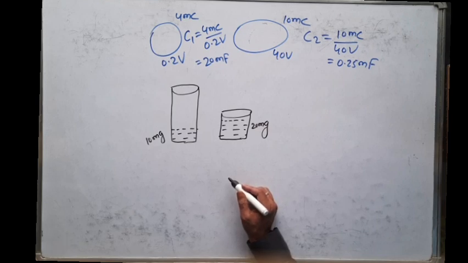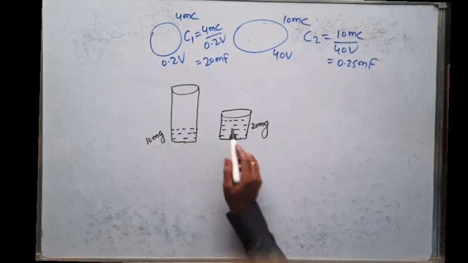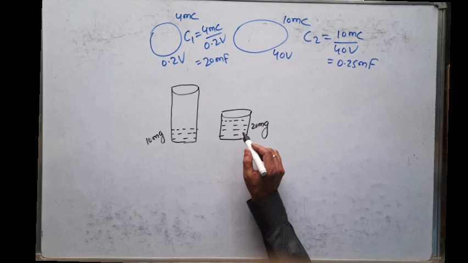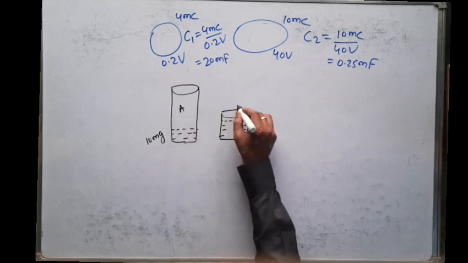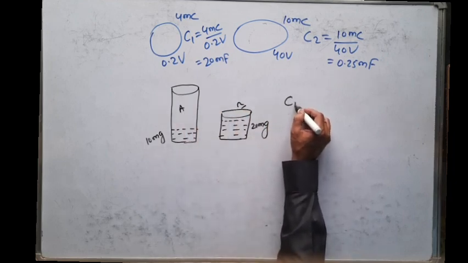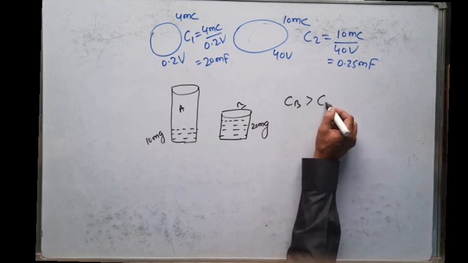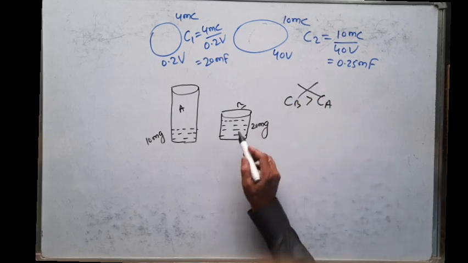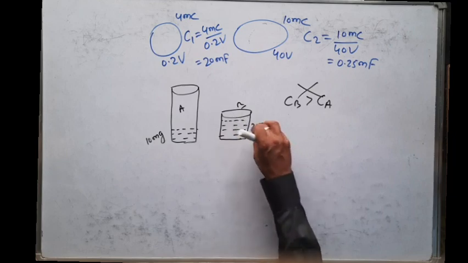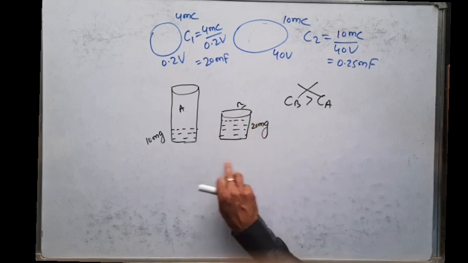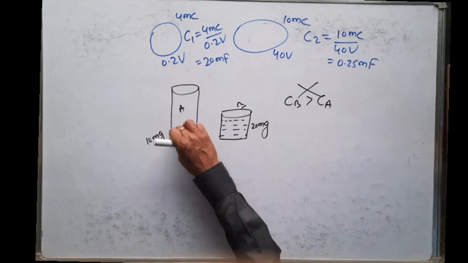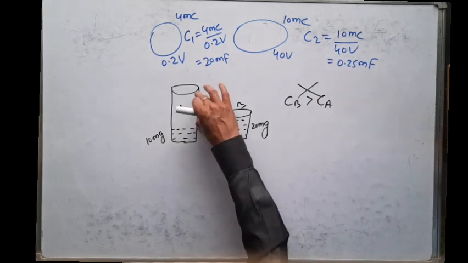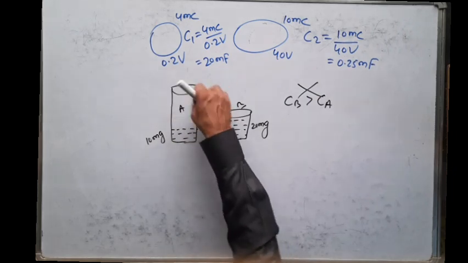If the question comes, which glass has more capacity? Let us say this is A, this is B. Don't say the capacity of B is greater than that of A, because in B full water is given, 20 milligram, but here I have given 10 milligram, and its capacity is more, to store more water.